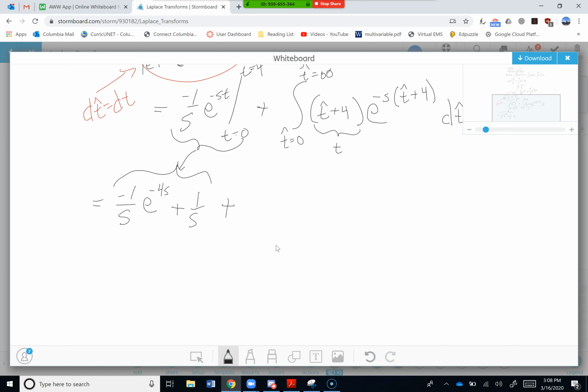So I'm going to deal with the exponent in the e first. I have the integral from 0 to infinity, which is the bounds adjusted the way I wanted them, and then I have t hat plus 4 times e to the minus st hat times e to the minus 4s dt hat.